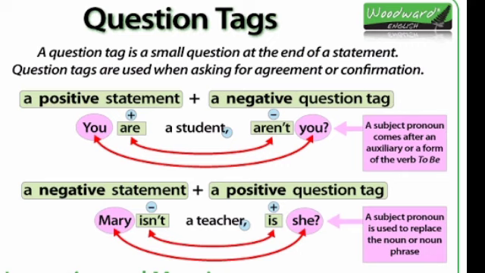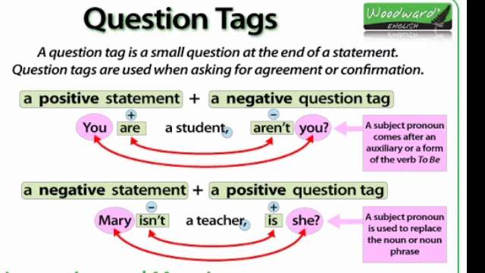Look at the next sentence. Mary isn't a teacher. Is it a positive sentence or a negative sentence? Yes, there is not. Is plus not. So, if there is not, then it is a negative sentence. So, the sentence is negative, then the tag must be positive. And which is the auxiliary verb here? Is. Then write is.